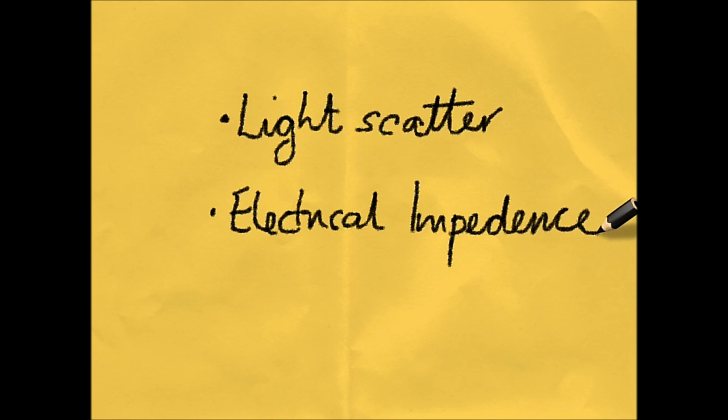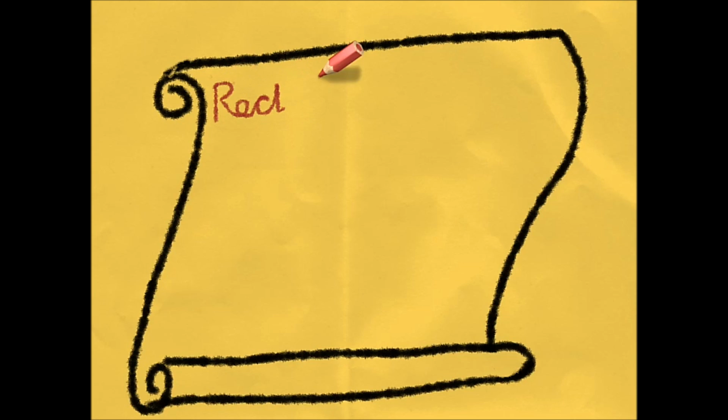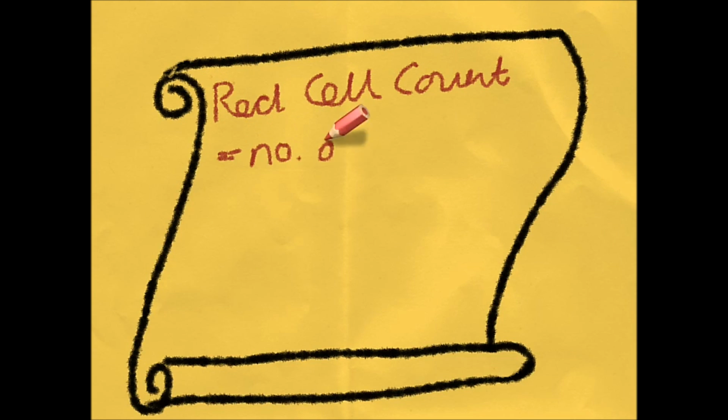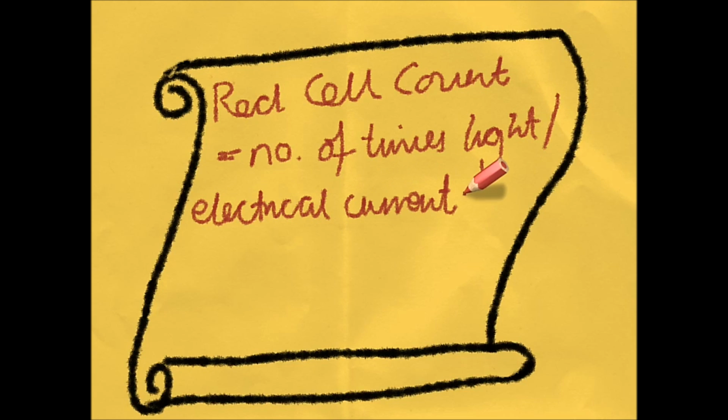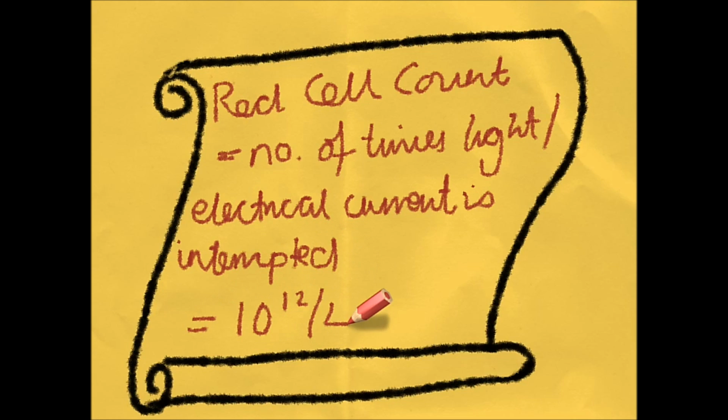And so the red cell count is simply calculated by the number of times the light or the electrical current is interrupted. And this is given as a number of red cells within an aliquot as 10 to the 12 per litre.